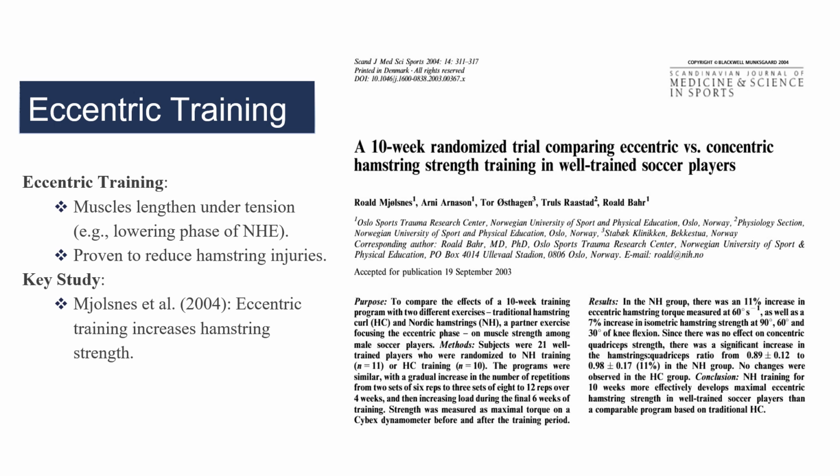So they concluded that Nordic hamstring training for 10 weeks more effectively develops maximal eccentric hamstring strength. This is how the Nordic hamstring exercise proves its efficiency in lowering the rate of hamstring injuries in sports.